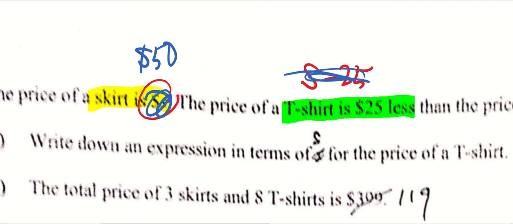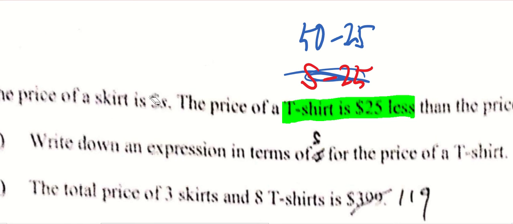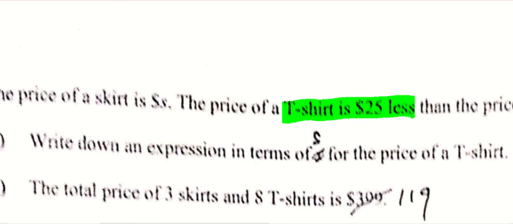Of course you know. It is $50 minus 25, right? No difference. Just that in this case, it is S dollars instead of $50. So it's dollar sign S minus 25. Of course, I bracket it up because the dollar sign applies to both S and 25.